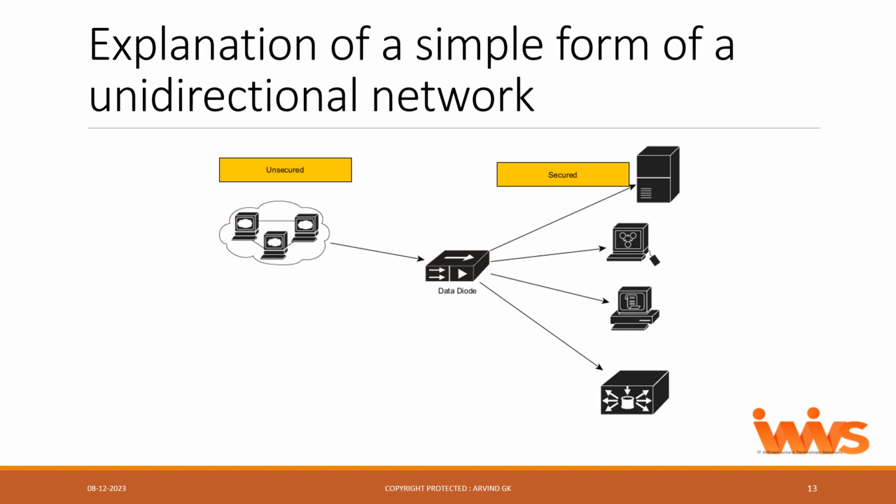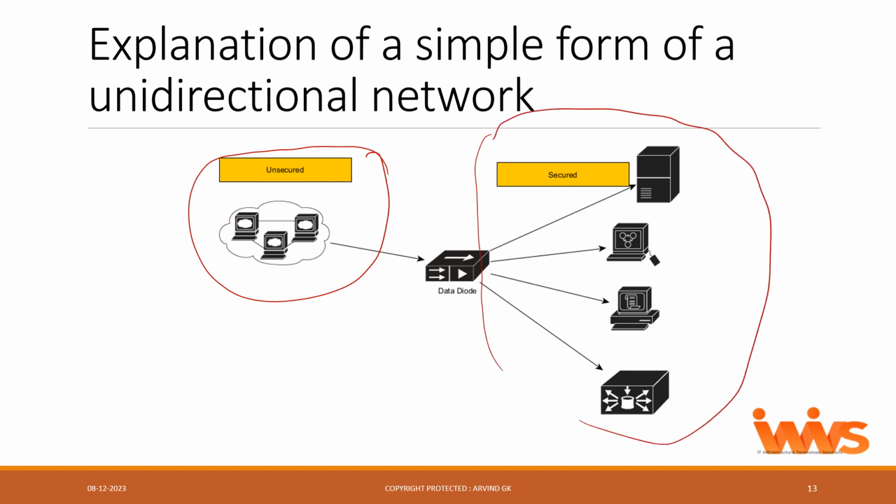This data is unsecured, and this is secure data. This is within your office, say your military processing area, or your factory's office area, where all this data gets accumulated and you process it.